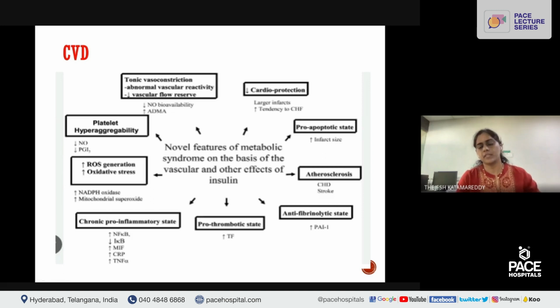These pro-inflammatory markers will lead to atherosclerosis, thereby causing coronary heart disease or stroke. Increased inflammatory markers like fibrinogen and PAI will lead to an antifibrinolytic, prothrombotic state, and all these pro-inflammatory cytokines will be released, which ultimately lead to damage to the blood vessels and cardiomyocytes.